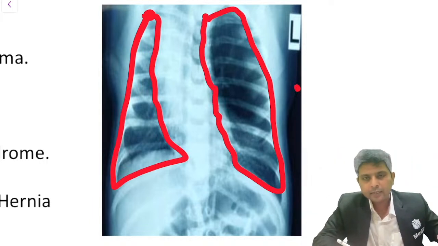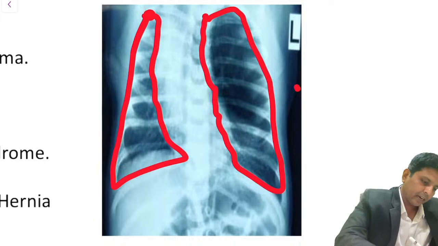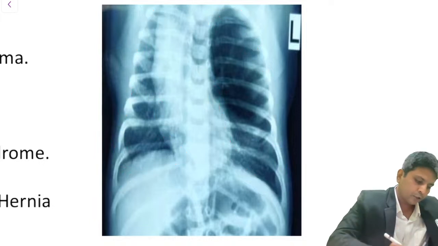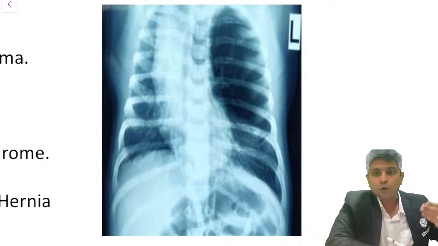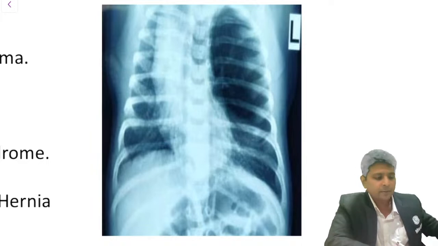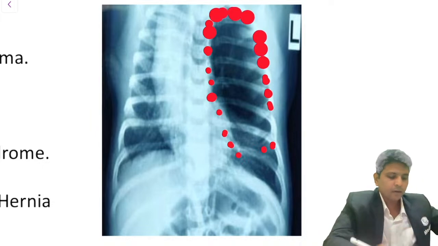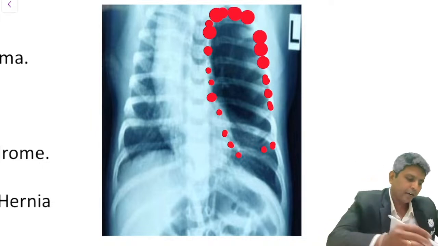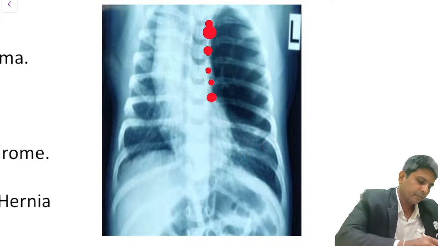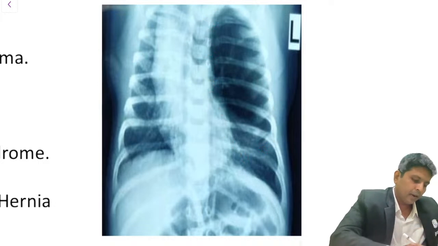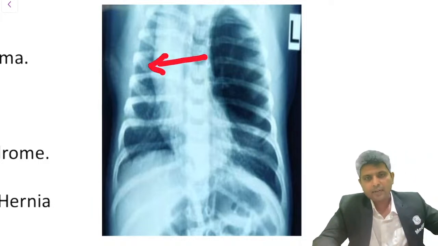So the left lung is bigger compared to the right lung. Second point, compared to the right lung, the left lung is hyperlucent, more air in the alveoli. Third point, as I told you already, because of the emphysematous lung, the mediastinum and heart are pulled to the other side, the right side.